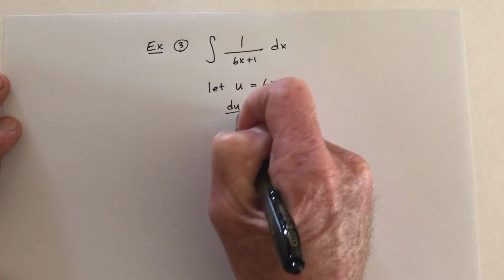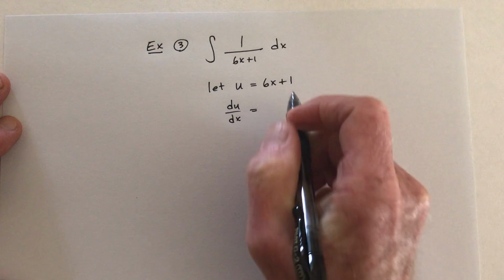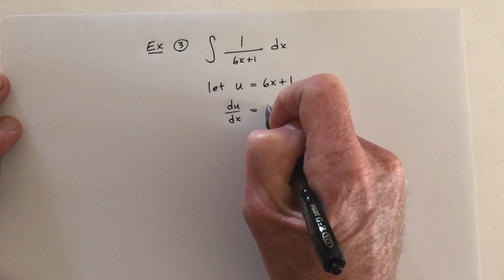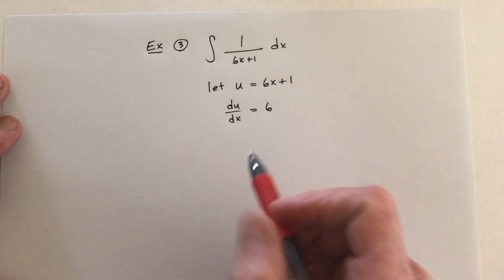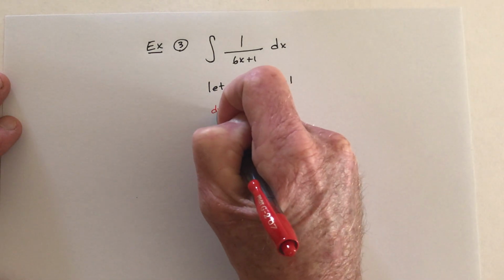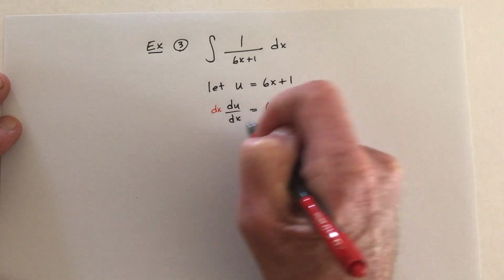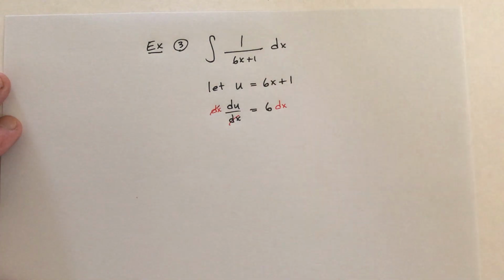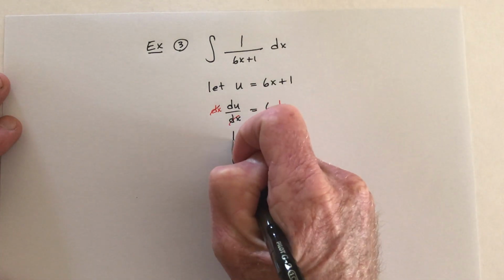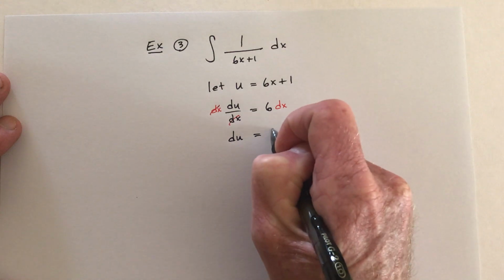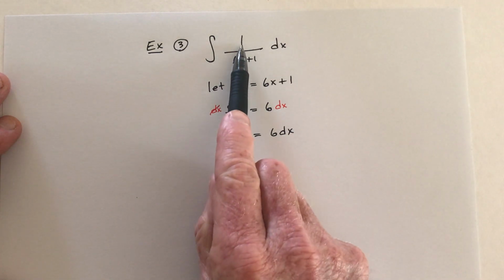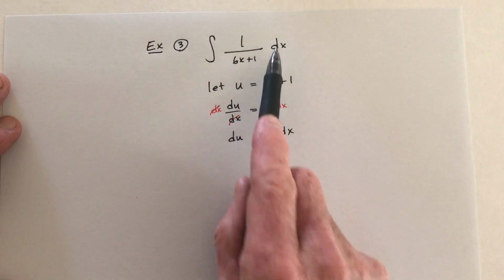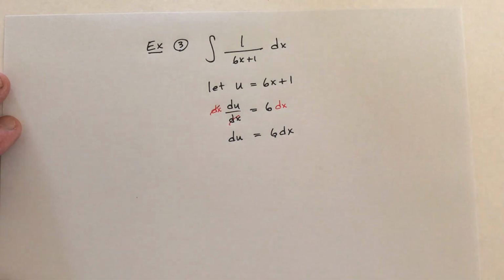So du dx, the derivative of this is just a 6. And then this step is always the same. Multiply both sides by dx. So basically I have only the u information on the left, and I have the x information on the right. And this one said it's 1 times dx, not 6 times dx.